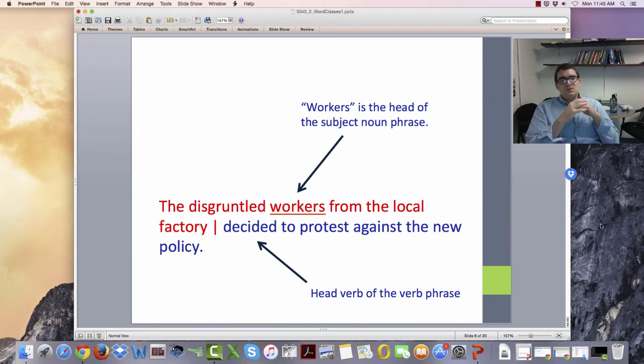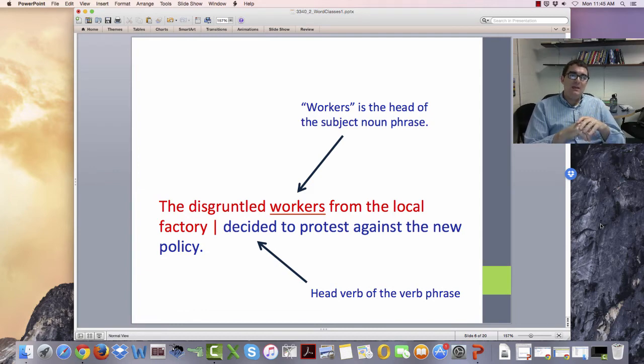In this example, again, we're starting with find the main verb. That verb is decided. Everything to the left of decided, everything in red, is the subject noun phrase, right? That's the subject of the sentence. Notice that the disgruntled workers from the local factory, that full noun phrase can be replaced by a pronoun.